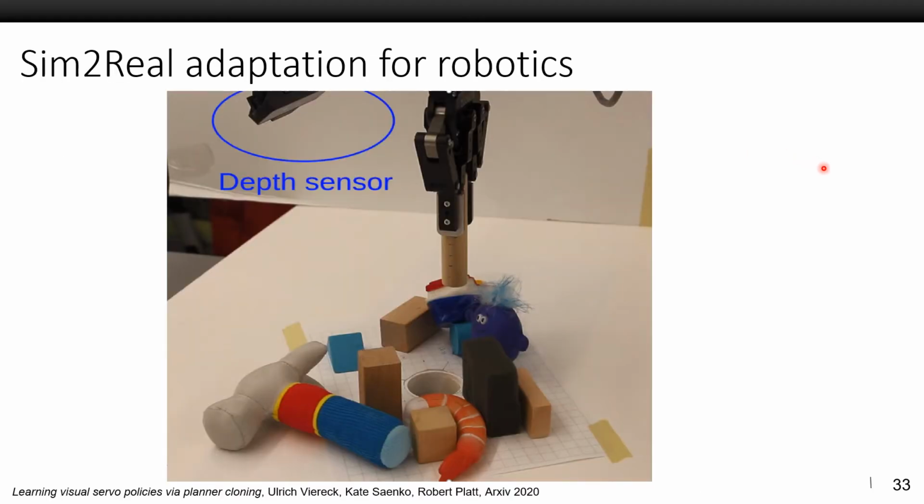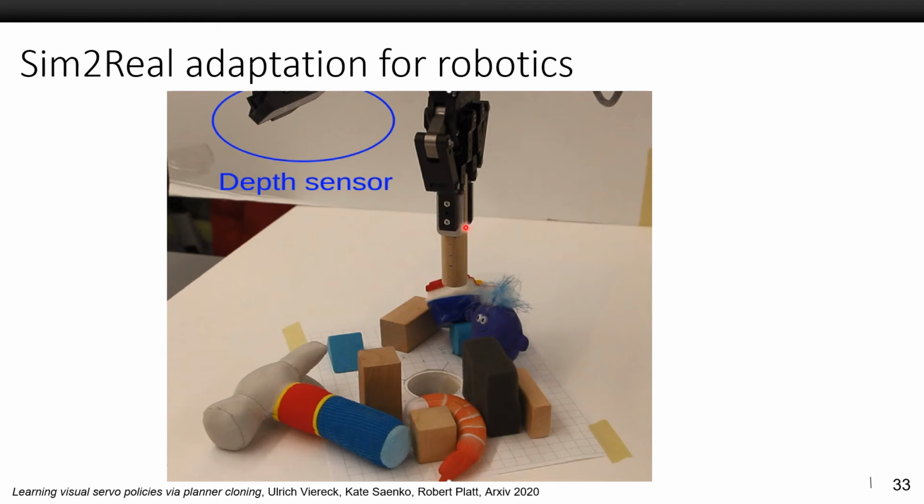And then I want to show another example of applying the same pixel level adaptation method to the robotics domain. This is some recent work that I've done with my collaborators at Northeastern, where our task is to teach a robot to perform manipulation tasks like inserting a peg into this hole with clutter.